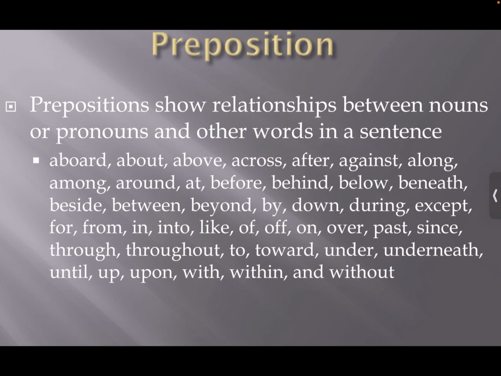And we have also prepositions of location, which we can use across, along, behind, off, toward, within. Here we have toward, we have within, we have off. So these are all prepositions of relationship and location.